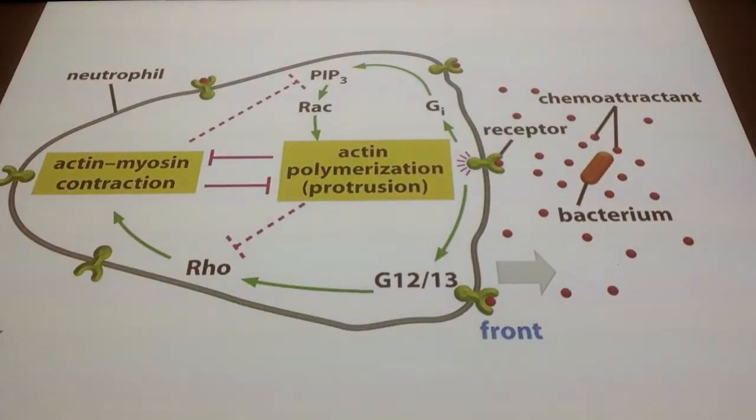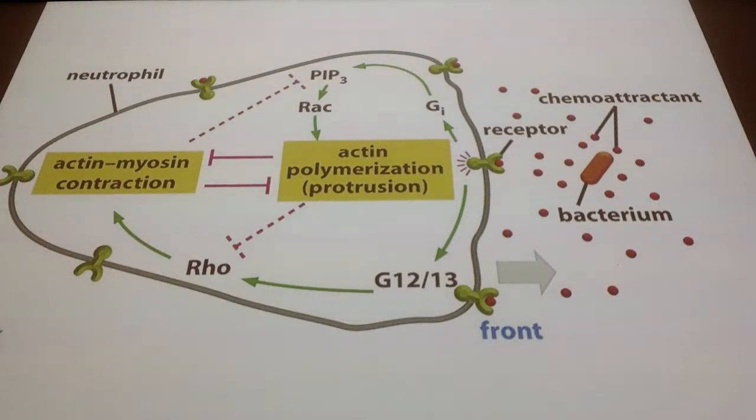So let me describe how this works. How does a cell know to move in a certain direction? By something called chemoattractants. All right? So chemoattractants are signals, ligands, signaling molecules. The chemoattractant can be a food source.